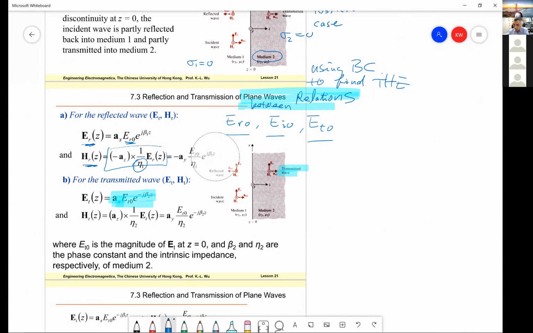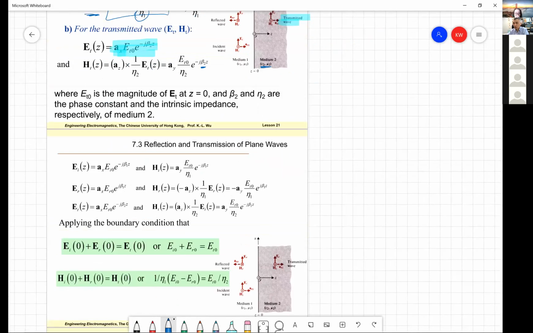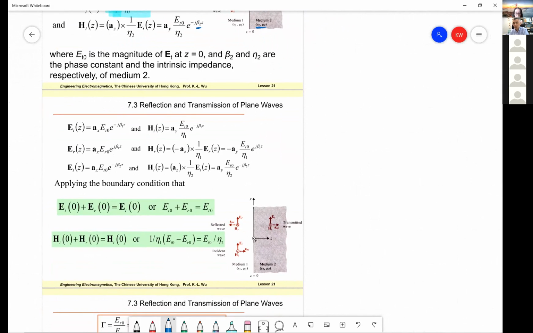You see, in medium 1, I use beta 1. In medium 2, because the constitutive parameters, permittivity and permeability, are different, beta will be different, right? Now I use beta 2. Now let's see how to apply the boundary condition.